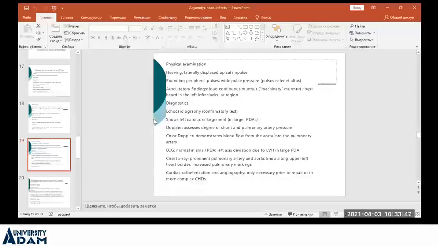Diagnostics: echocardiography is the confirmatory test. It shows left heart enlargement and a large PDA, and Doppler assesses the degree of shunting and pulmonary artery pressure. Color Doppler demonstrates blood flow from the aorta into the pulmonary artery. Electrocardiogram is normal in small PDA, with left axis deviation due to left ventricular hypertrophy in large PDA.